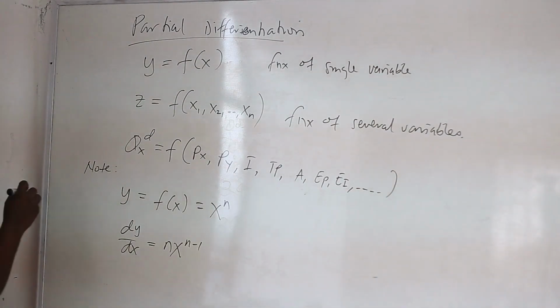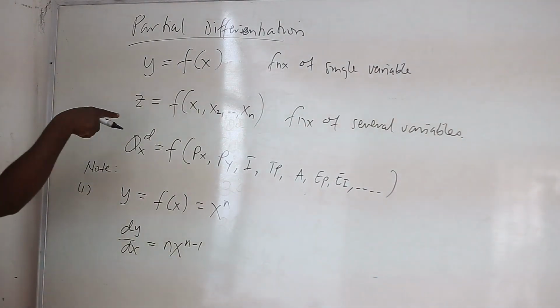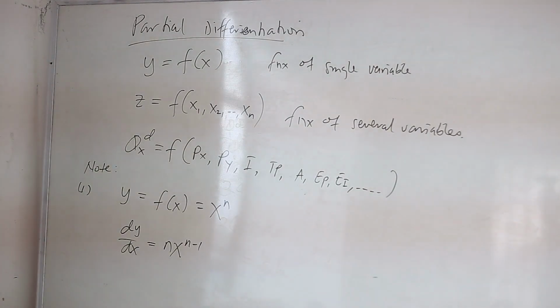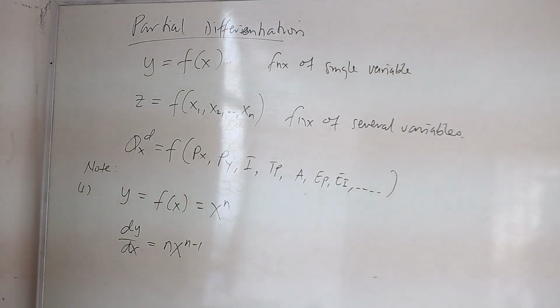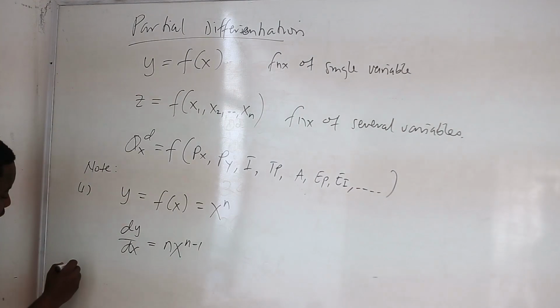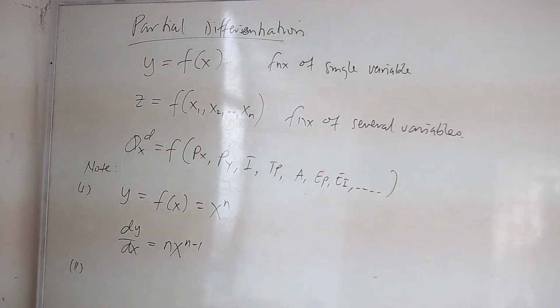We use this in the calculus of several variables, so nothing changes. If you are differentiating, you bring the exponent down and subtract 1 from the exponent. Also note that if you differentiate a constant, you get 0.